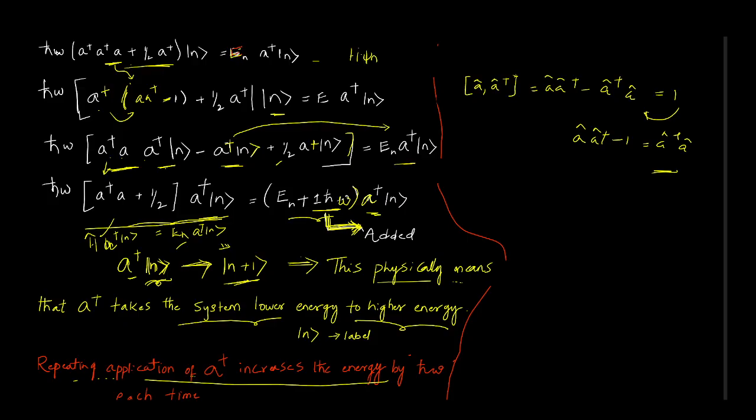So if you observe the first state, the Schrodinger equation H ket = E ket, we have H as ħω(A†A + 1/2) and En ket, and we multiply with A†. We just need A† as an extra term, but here the energy is added with ħω.